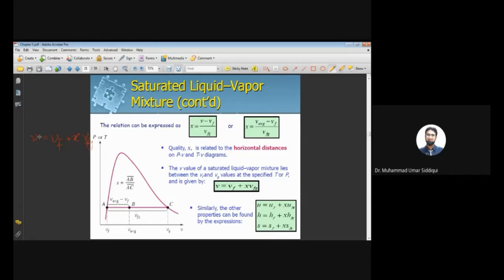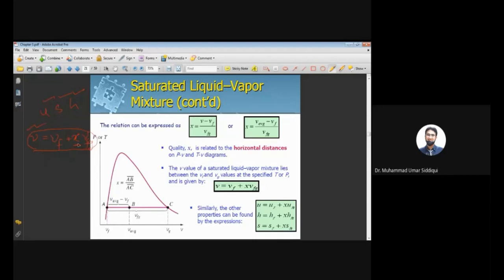Whether it is v, u, s, or h, whether it is specific volume, internal energy, entropy, or enthalpy, it's the same trend. Whatever property we want to find equals the f value plus the quality multiplied by the fg value, which is vg minus vf.